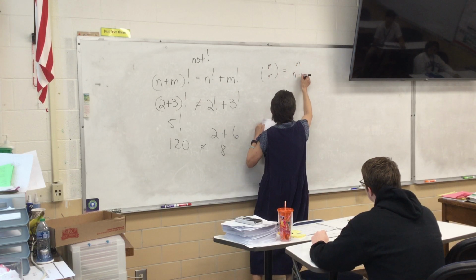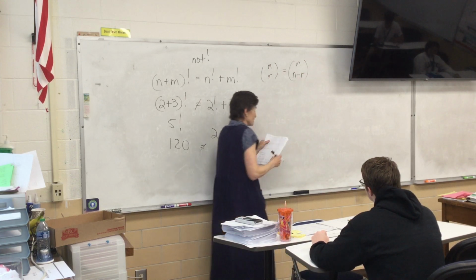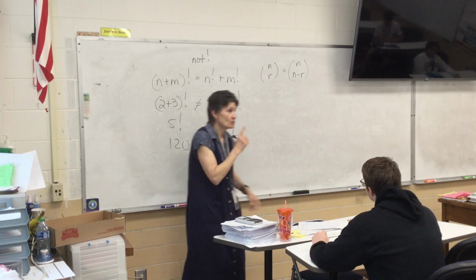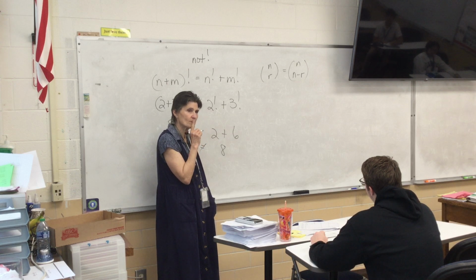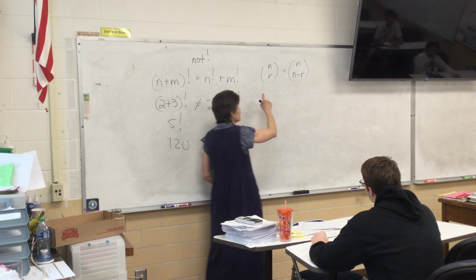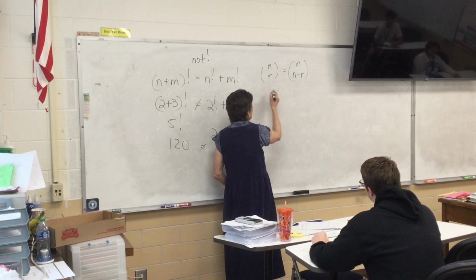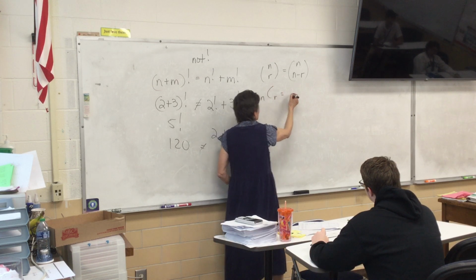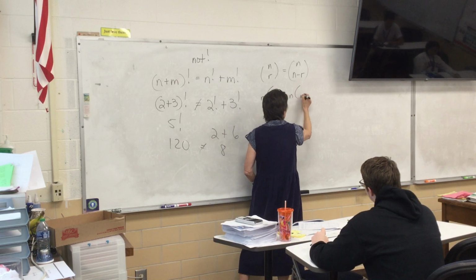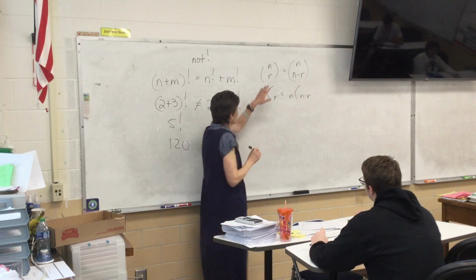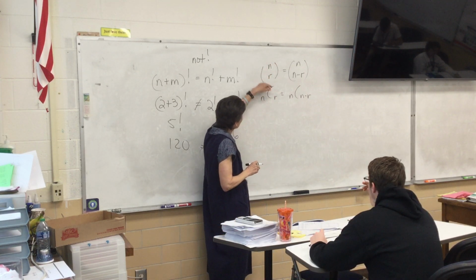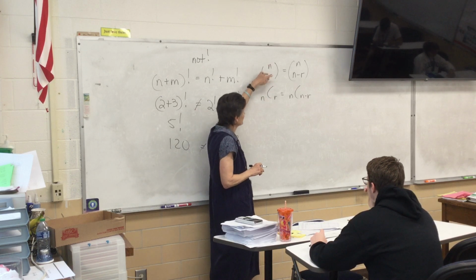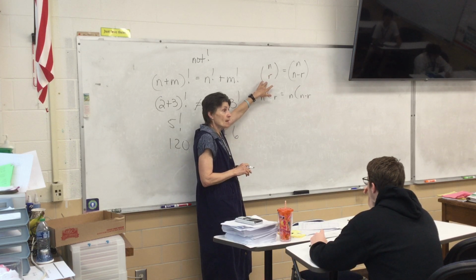It looks very scary, but I need to clarify a couple of things first of all. This notation, did we talk about this? This parenthesis notation? This is another notation for combinations. So when you see parentheses written vertically like that, that's combination of n things taken r at a time.